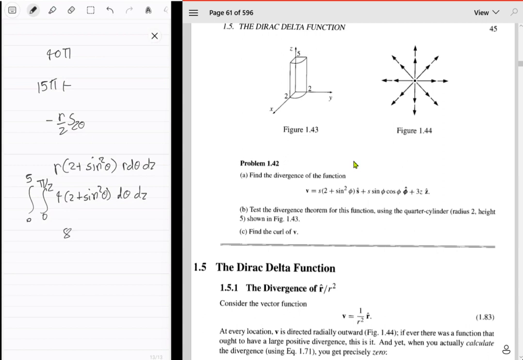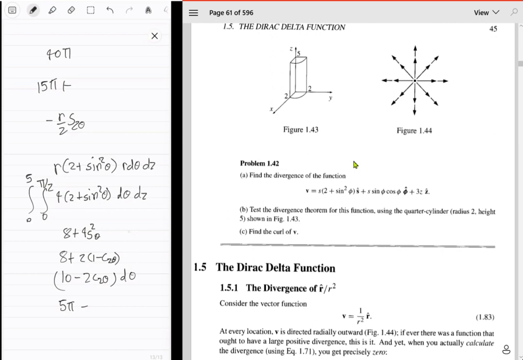First you've got 8 plus 4 sine squared theta, and 2 sine squared is 1 minus cosine of 2 theta, which is just 10 minus 2 cosine of 2 theta, times d theta. The integration of 10 d theta from 0 to pi gives 5 pi, of course, minus this integration of cosine 2 theta d 2 theta, going from 0 to pi in that case. 2 theta goes from 0 to pi, of course.